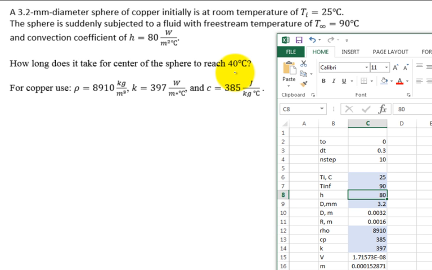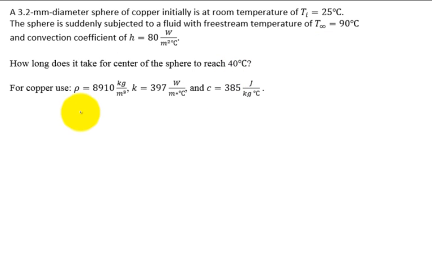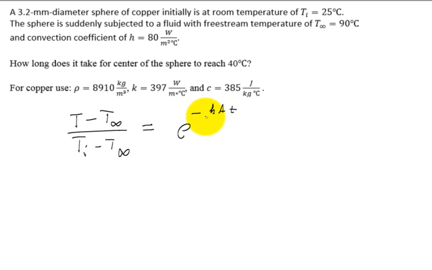Well, if I focused only on the analytic solution, let me do that before I jump back into Excel. I would say T minus T infinity divided by T initial minus T infinity. The lump capacitance solution was e to the minus, and then you have the H A t divided by rho C V. Well, if they're trying to find out how long it takes, then I need to solve for t.